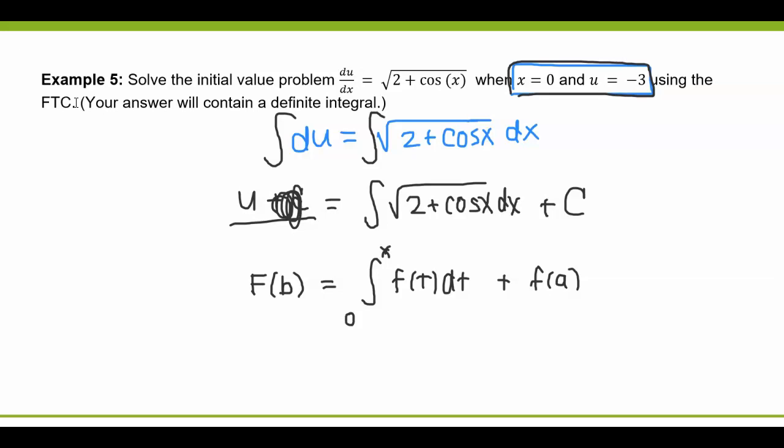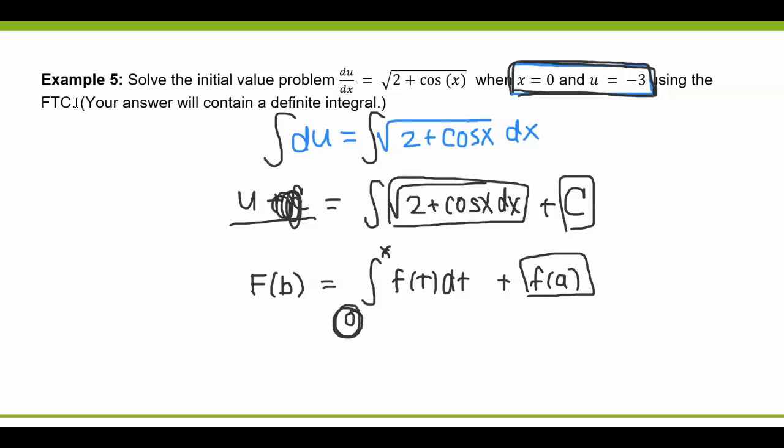So transforming this equation into that idea, f of a is kind of like that given point up there. Instead of a, we're going to use my initial condition, which in this case just happens to be 0. So this is kind of like saying f of b, which is our u, equals the integral, plus the initial condition, and its input.